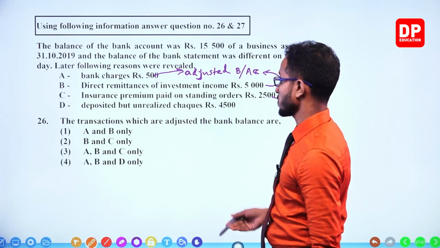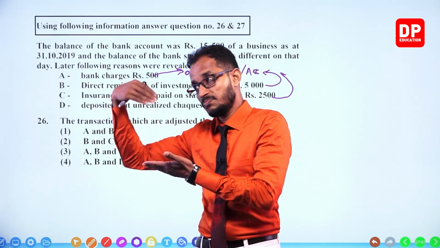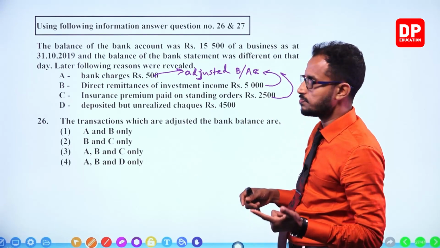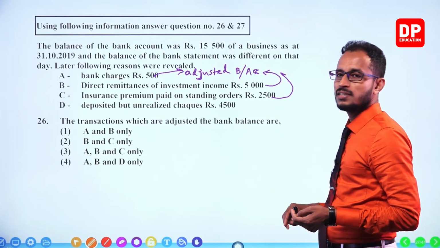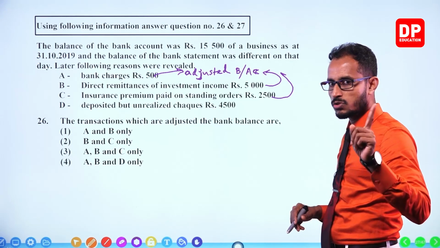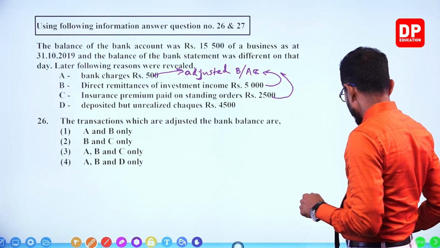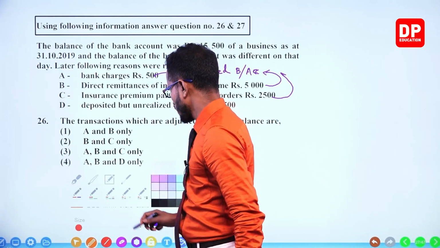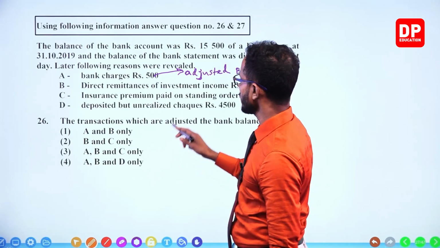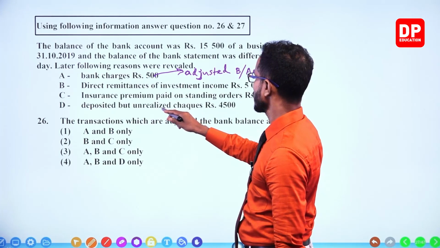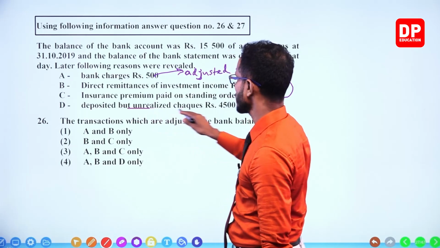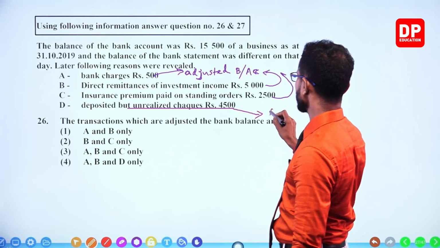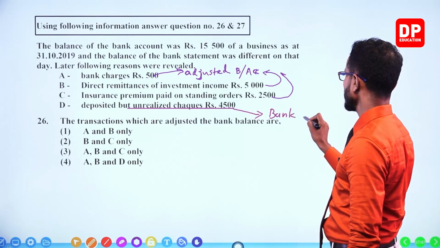Deposited but unrealized checks. We have deposited checks. Already we have recorded them in the bank account. So deposited but unrealized, those checks do not go to the bank account again. Already recorded. Those values go to the bank rec, bank reconciliation.